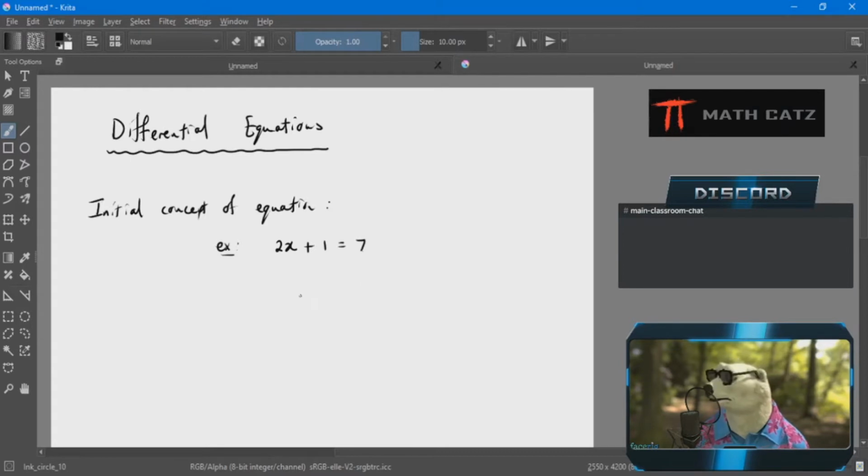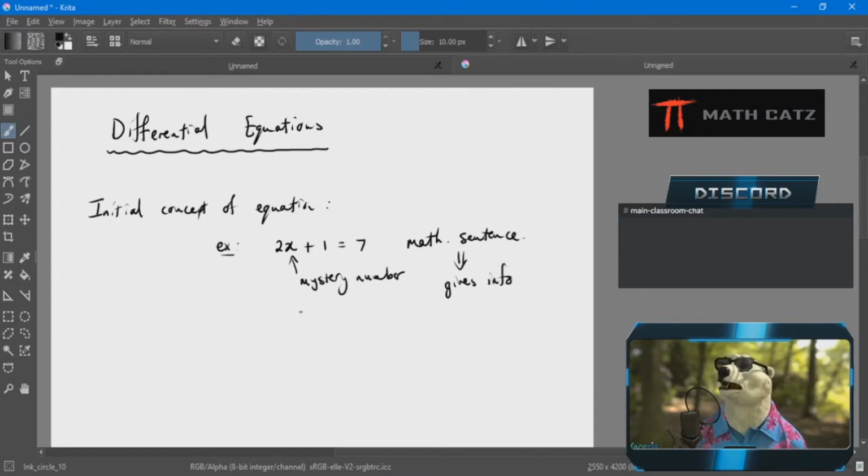You're practicing the algebra, whatever. This is our concept of an equation. So it's a mathematical sentence giving me information about this mystery number.